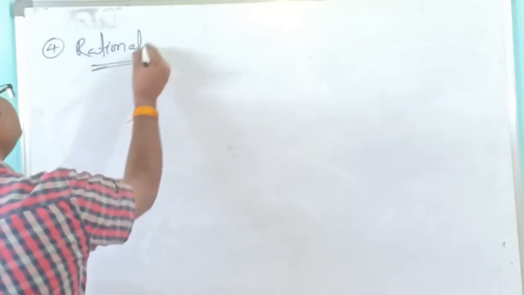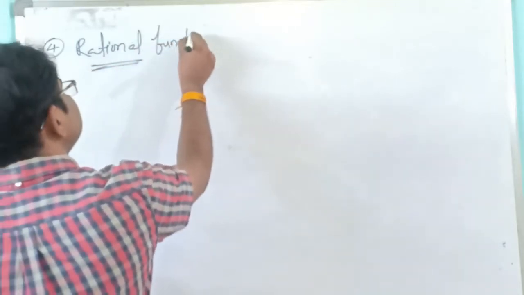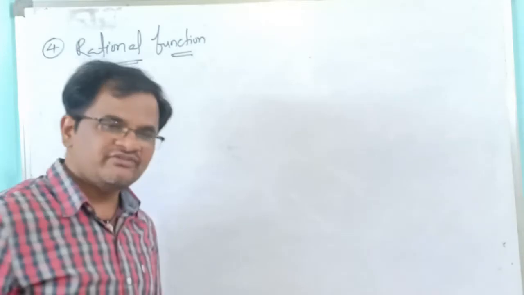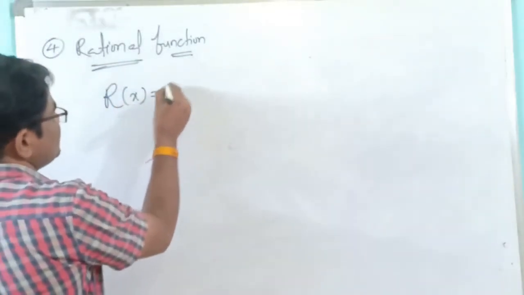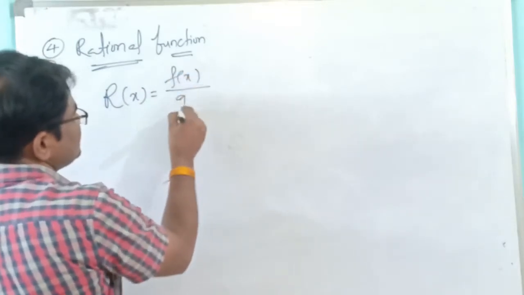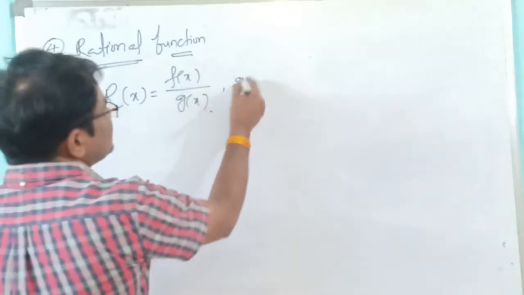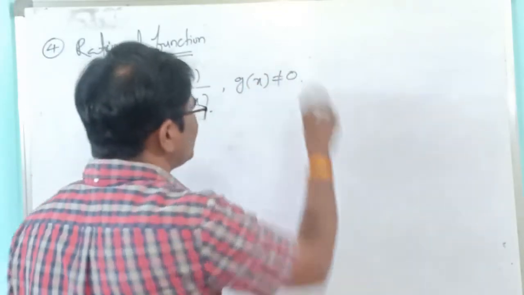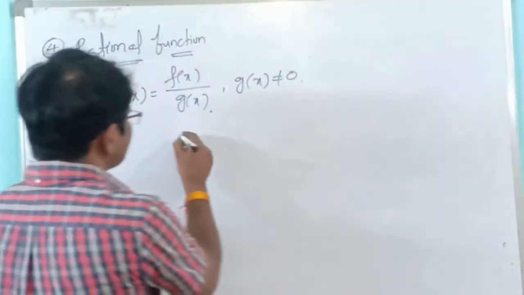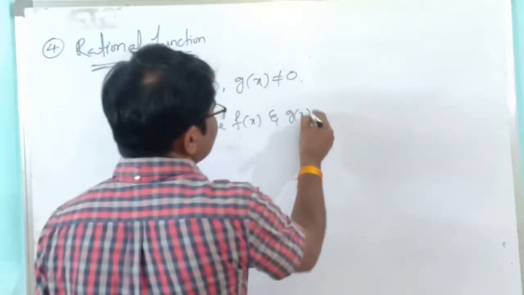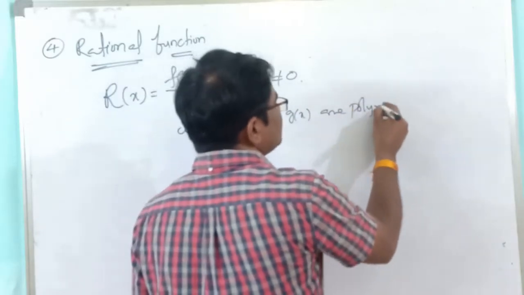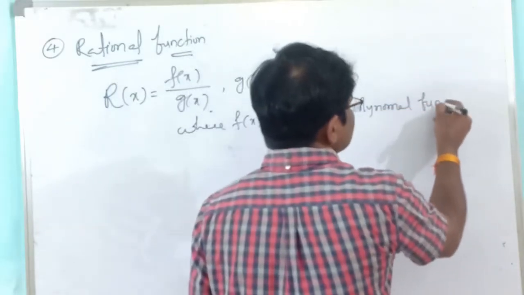Next one is a rational function. A function which is in the form of r of x equal to f of x by g of x is called a rational function, where g of x is not equal to 0, and where f of x and g of x are polynomial functions.